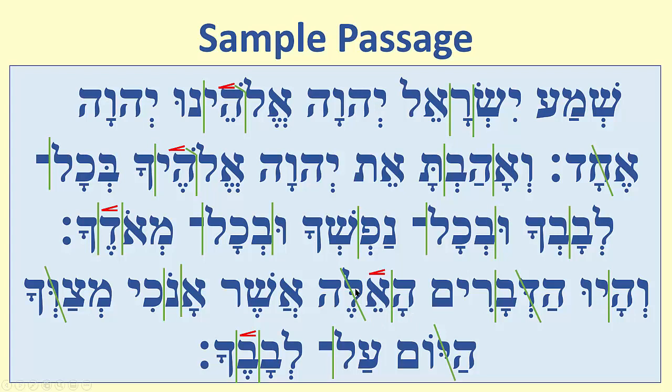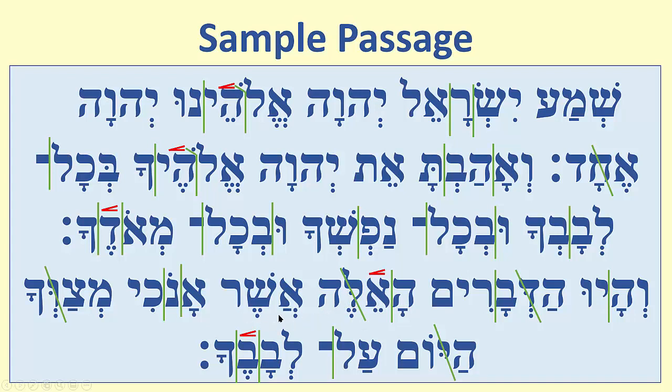The next syllable, as we saw earlier, breaks that rule. We have a closed syllable with a long vowel. See that lamed? It's got a strong dagesh, so it's grammatically doubled. It's closing that syllable. Because it breaks the rule of unaccented syllables, it must be accented. And then the final syllable is lamed segol he, which is open, which is allowed. Ha'ele.